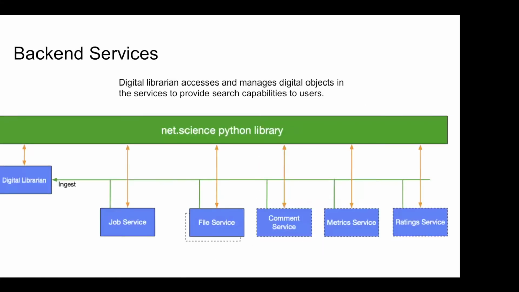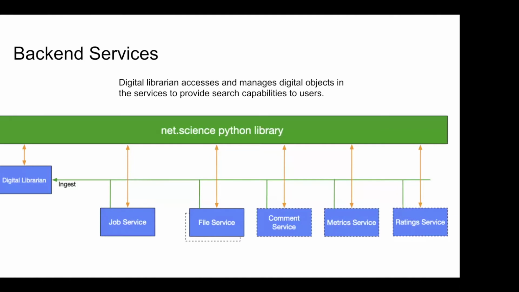Okay, and so this is just one view into the system to look at this digital librarian. So at the bottom of this graphic, again, we have these blue boxes representing different services. And on the top, we have the net.science API. And on the left, where the purpose of this slide is for the digital librarian, the blue box on the left, it has access to all the digital objects in all of these different services, along with the metadata for each digital object.